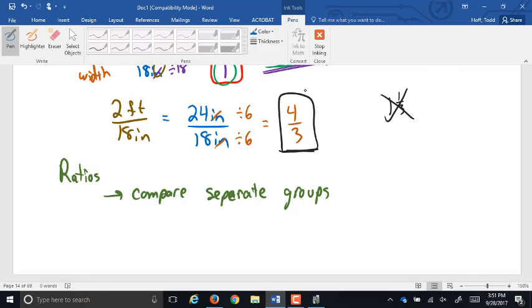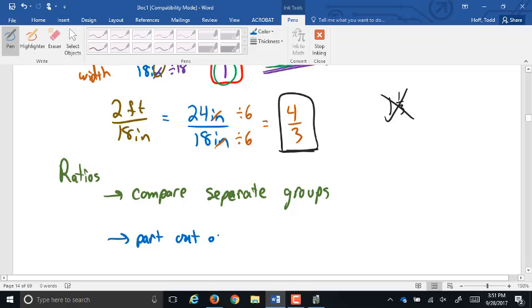There are also ratios that do a part out of a whole. This would be asking, well, how many New Richmond students do I have out of the whole class tonight? Well, there's 7 students in New Richmond out of 12 total students.